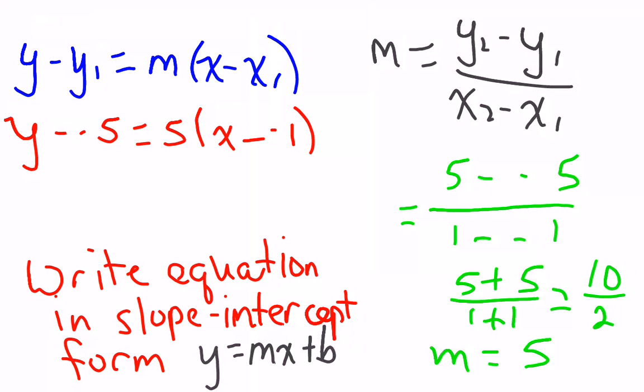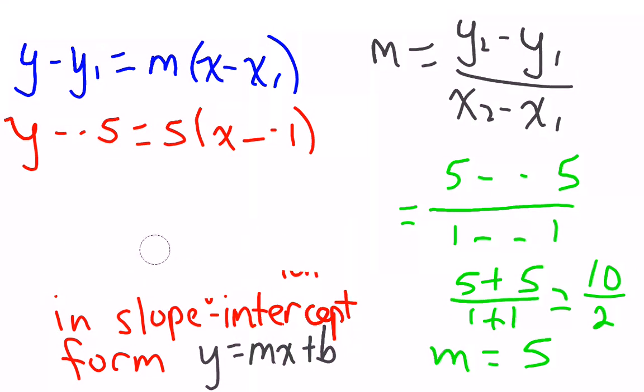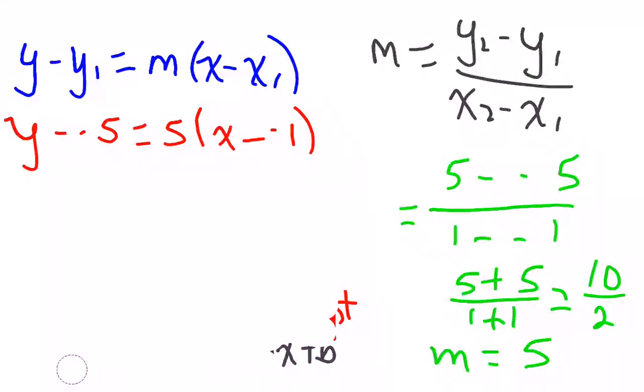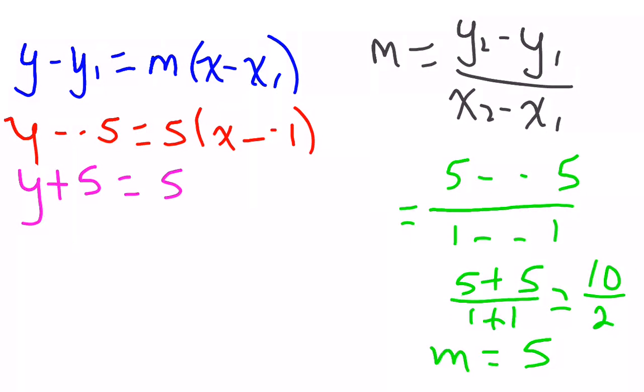So let's make it look pretty. First, let me give us some more room so we can do this part to make it look pretty. All right, so double negative becomes positive. So we have y plus 5 equals 5 times, and then double negative becomes plus, so x plus 1.